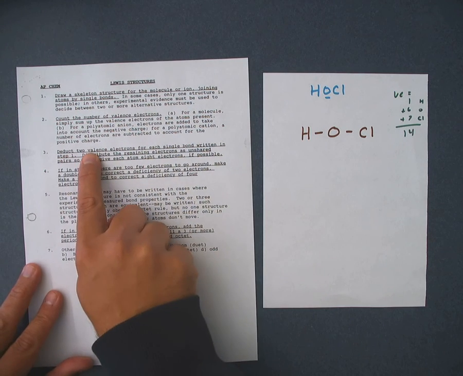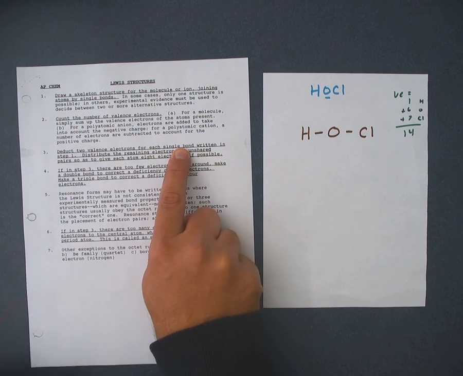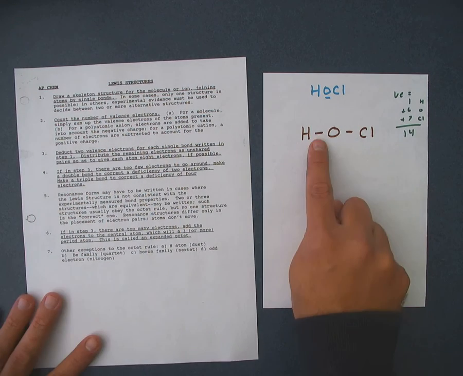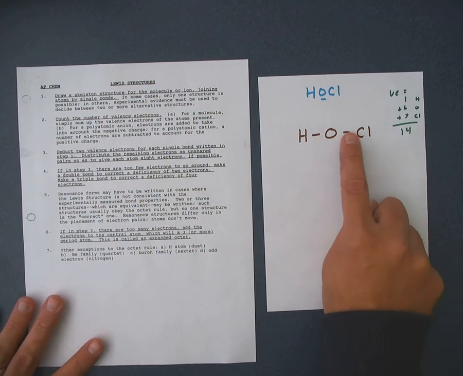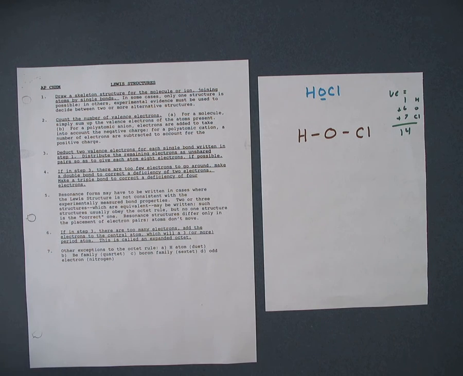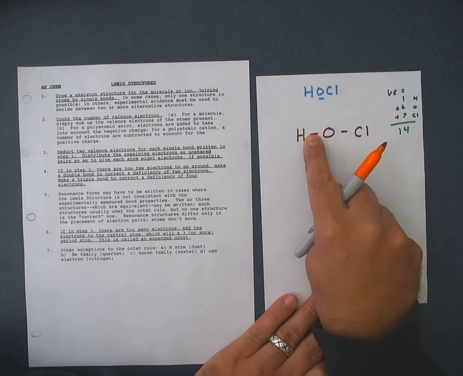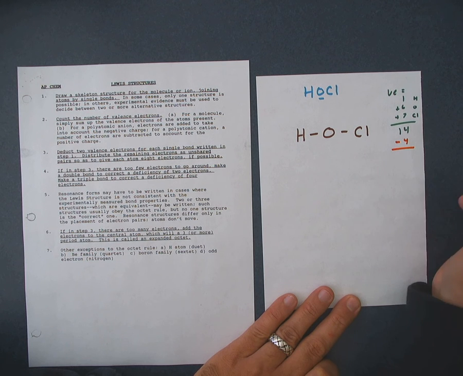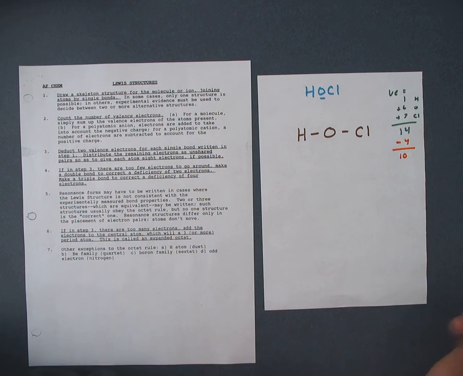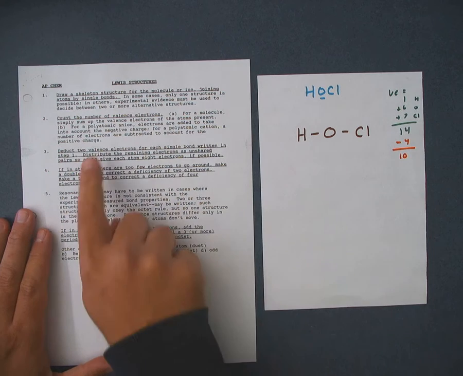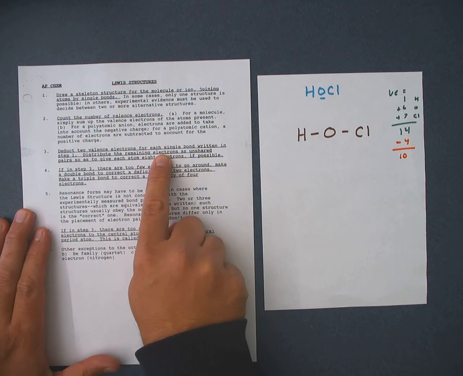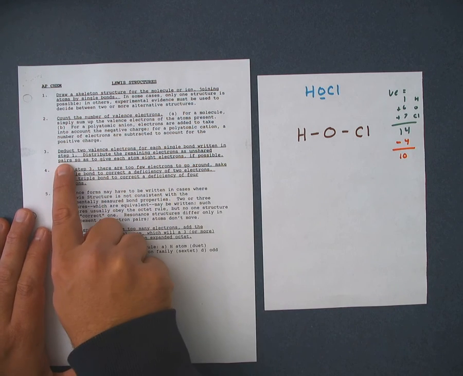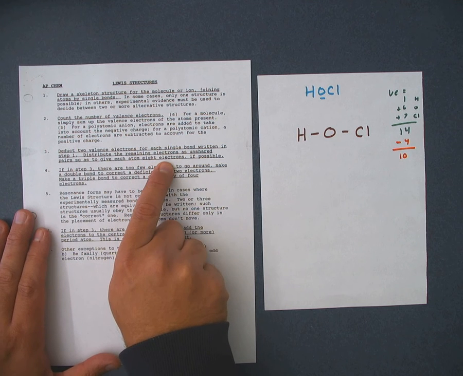Now we're going to deduct 2 valence electrons for each single bond we did. Remember, this means 2 shared electrons, and this also means 2 shared electrons. So I've used 1, 2, 3, 4. I've used 4 of the available 14 valence electrons. I have 10 valence electrons left. Also in step 3, it says: distribute the remaining electrons as unshared pairs to give every atom 8.